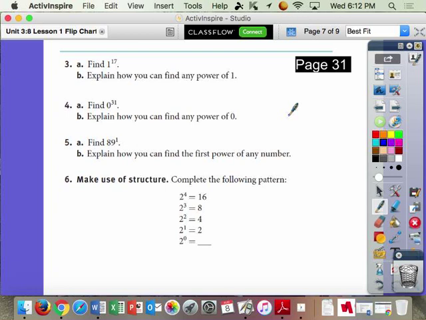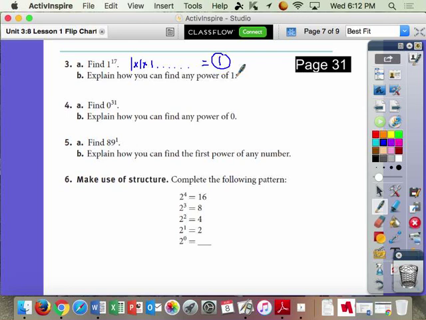Okay, so now there's obviously, because it's math, some funky ones. So thinking about what we just did, if this is 1 to the 17th power, I'm going to multiply 1 times 1 times 1. How many times? 17 times. No matter how many times I multiply 1, what is my answer going to be? 1.